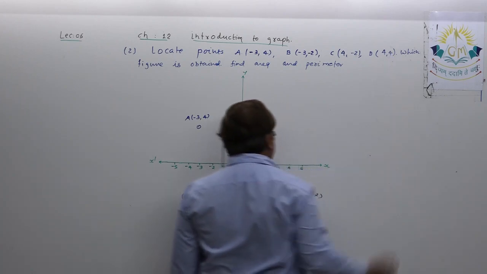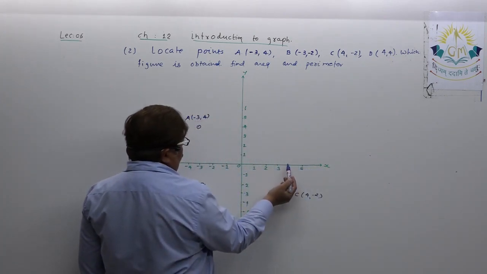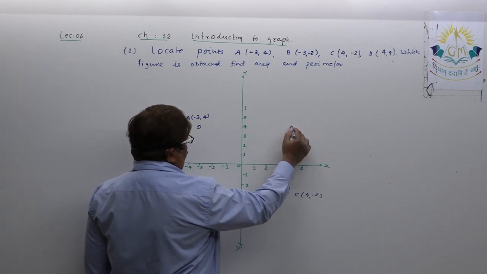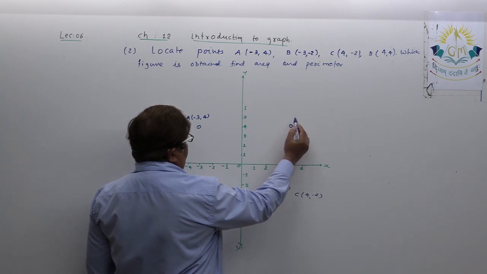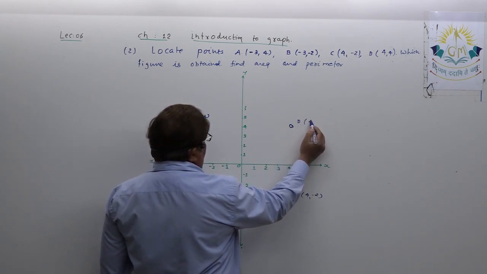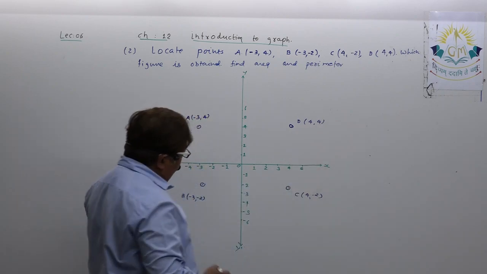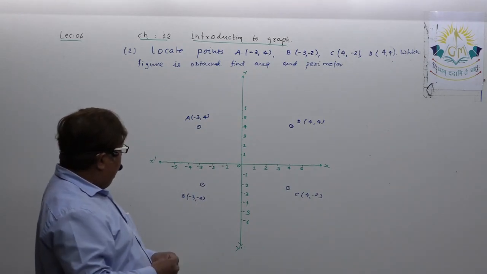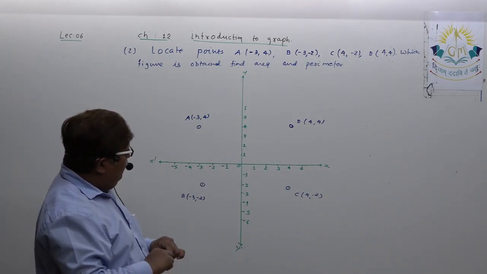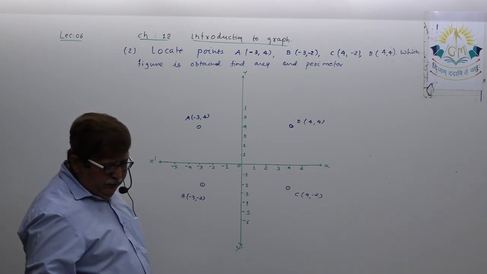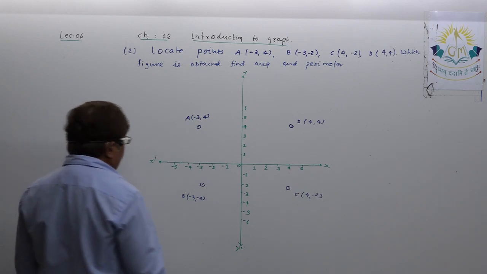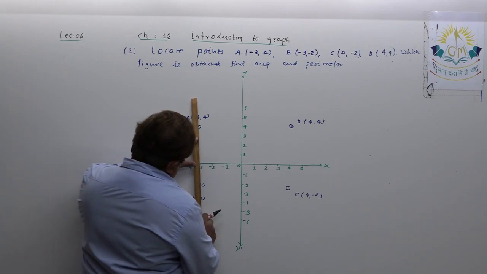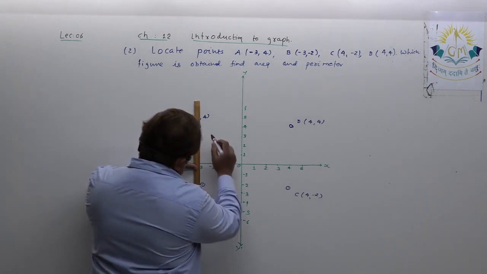Write 4, 4. Okay. So 4 comma 4. X coordinate 4, y coordinate 4. Okay. Here you got the point D 4 comma 4. We got all 4 points which are to be joined in order. Okay. So just joining them in order, A to B, a straight line A to B.